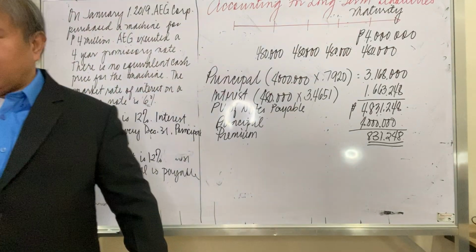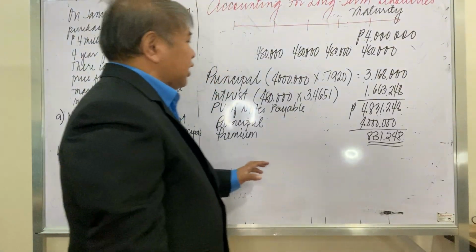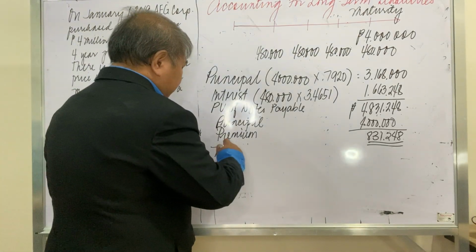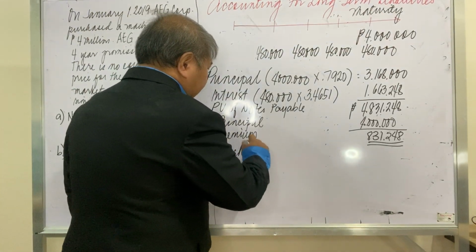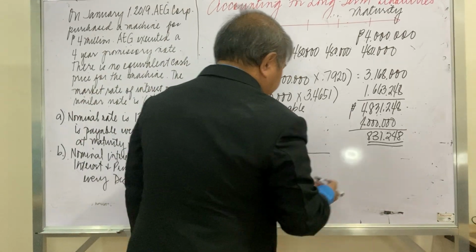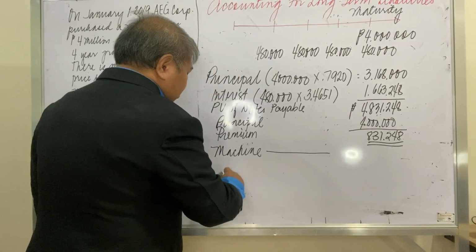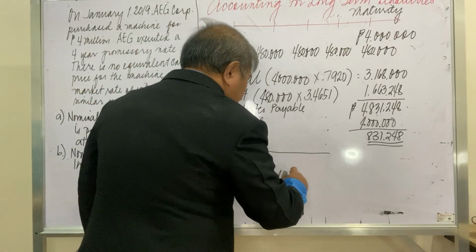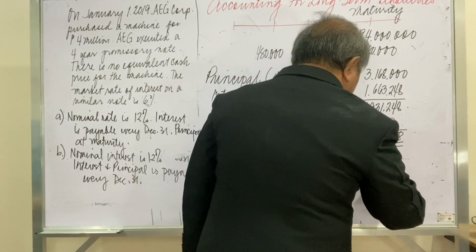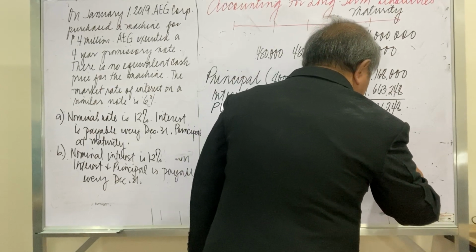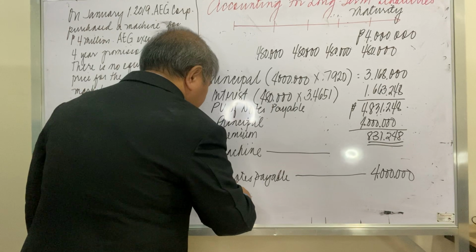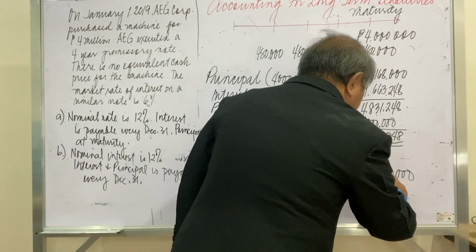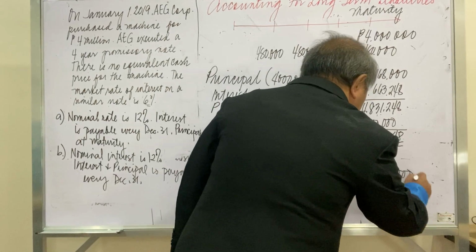So again, we will now do the amortization table. Let's first do the entry at acquisition date. Debit machine, then credit notes payable for the principal, 4 million pesos, and credit premium for 831,248.